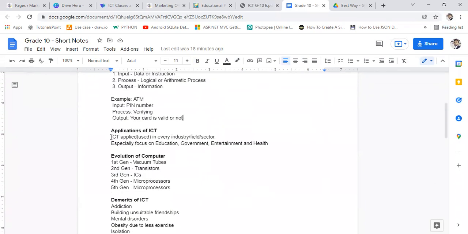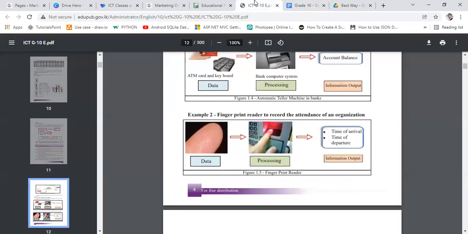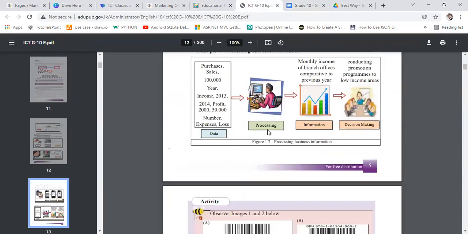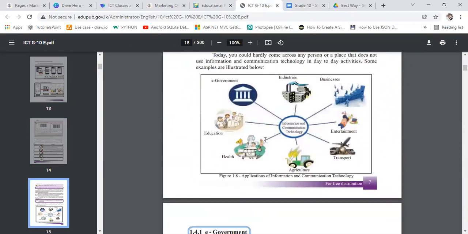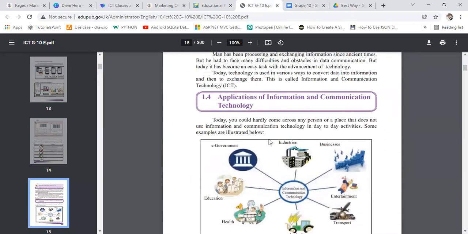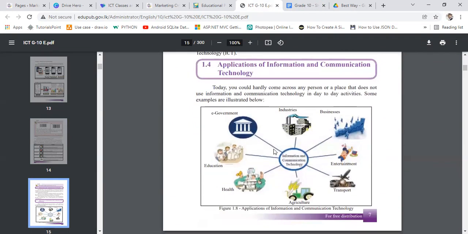Okay, now the next thing is applications of ICT. These are actually the uses of ICT. ICT is used in almost every field, every industry, every sector.